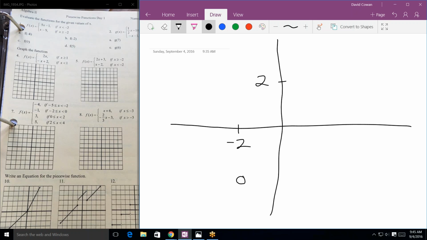X minus 2, so down 2 over 1. I say y equals x minus 2. What's the y-intercept? -2. And then up 1 over 1. The slope is 1. Just 1, yeah.